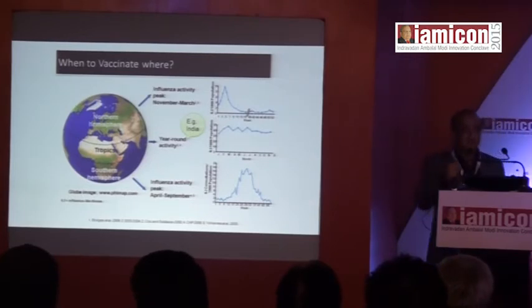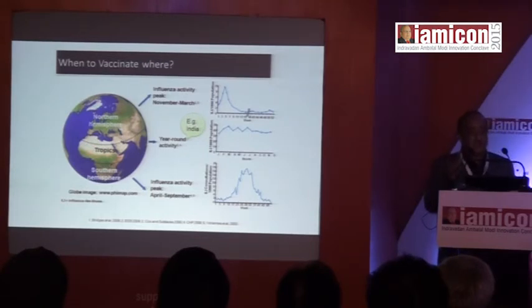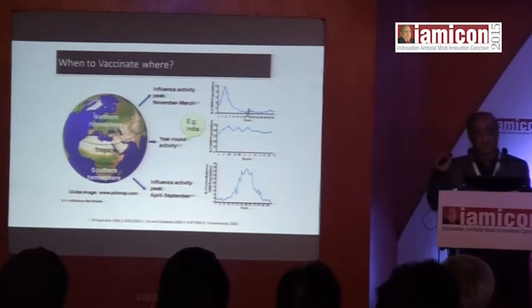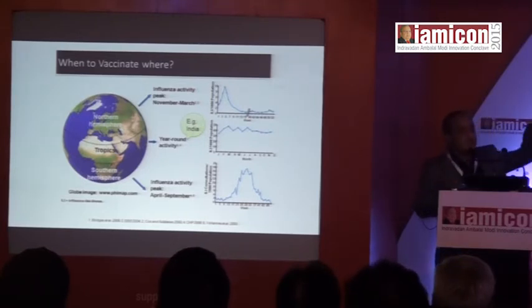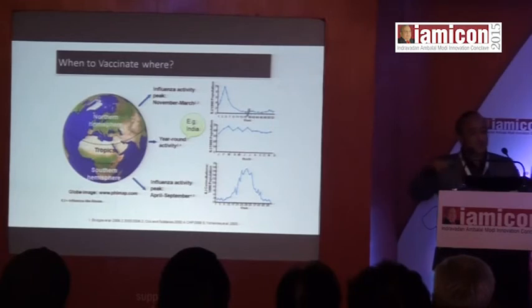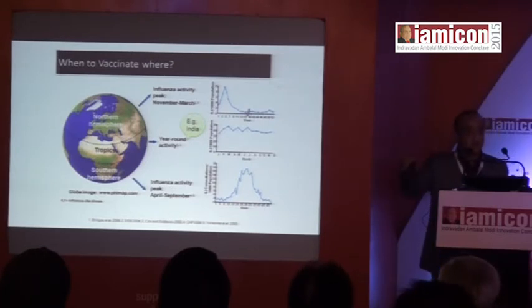And the question I must try to answer is when to vaccinate where. Influenza circulation has three main patterns. One is called the northern hemispherical pattern, and this is called the southern hemispherical pattern, and then we have the tropical pattern. In the northern hemispherical pattern, which is true of Kashmir as well, we have the peak of activity somewhere in the winters.